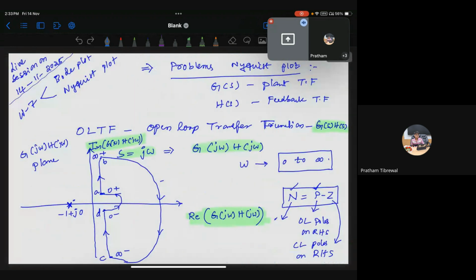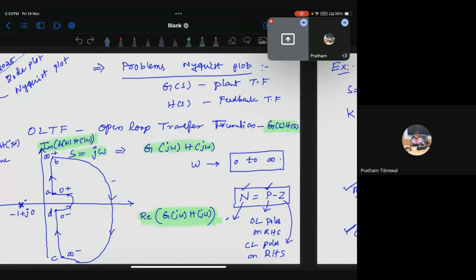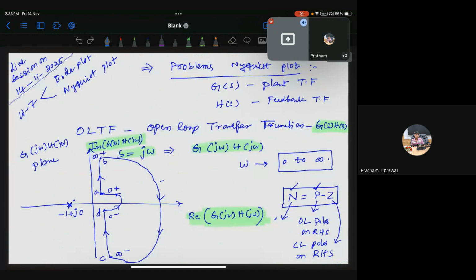So what we do here is, given the transfer function, in the Nyquist plot, we'll be doing this for the open loop system, G(s)H(s).